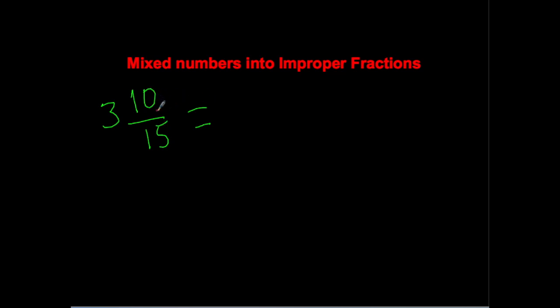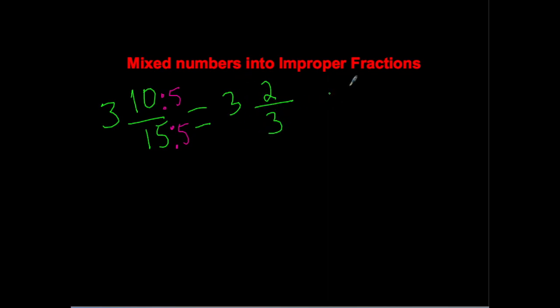If we divide 10 by 5 and 15 by 5, 10 divided by 5 is 2, 15 divided by 5 is 3. Now we have this mixed number and it's already reduced.